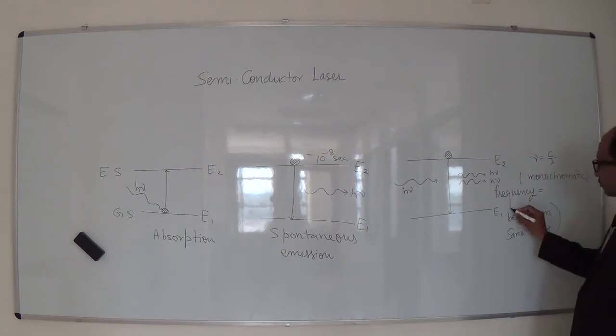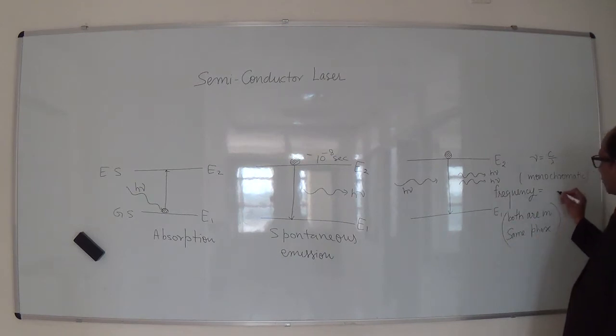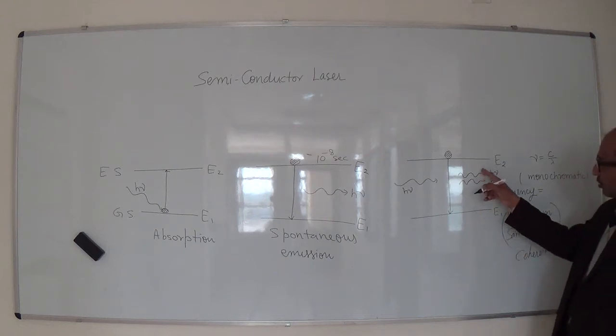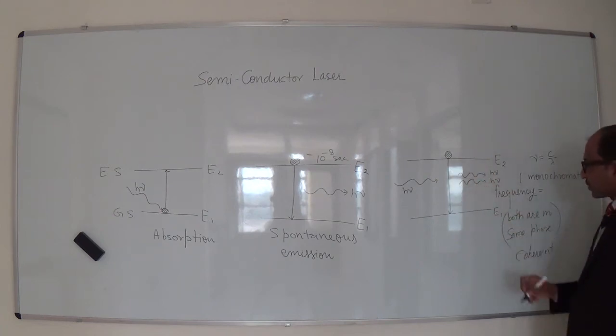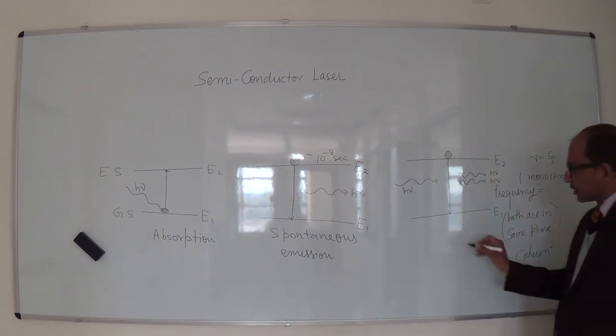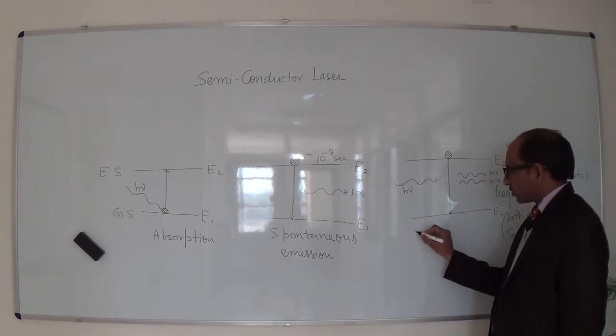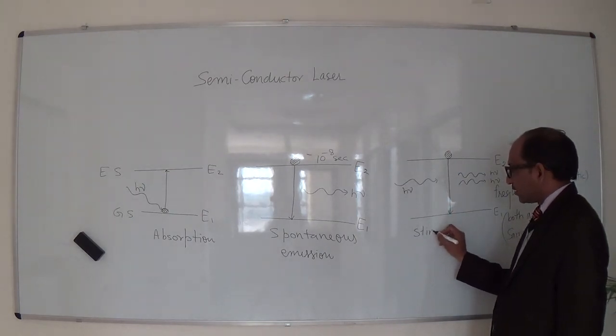And both photons are in the same phase, that means the source will be coherent. A laser source is coherent because all the photons emitted from the excited atoms are in the same phase and of the same frequency. This case is known as stimulated emission.